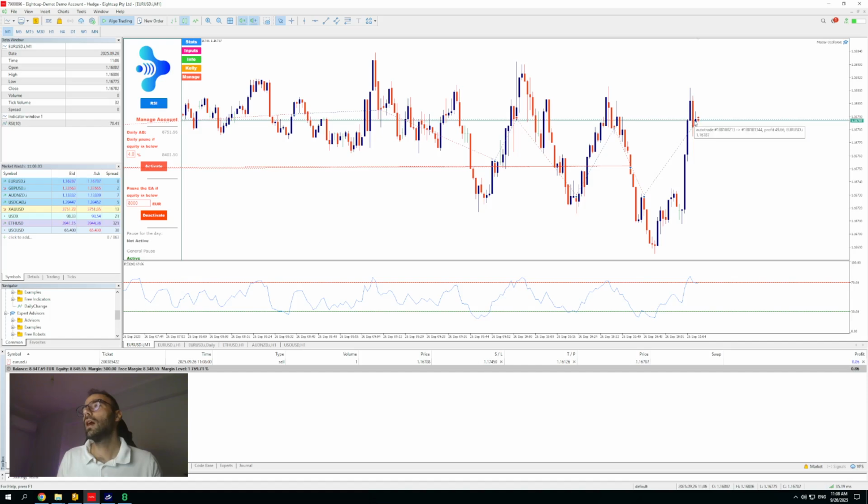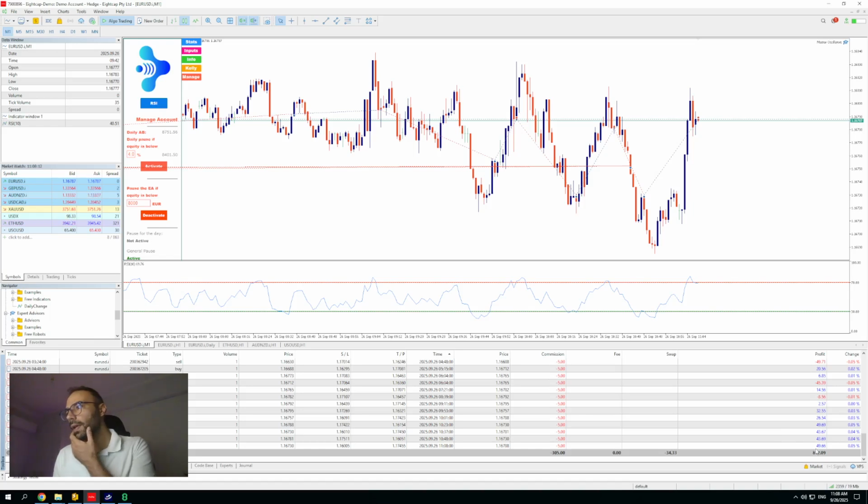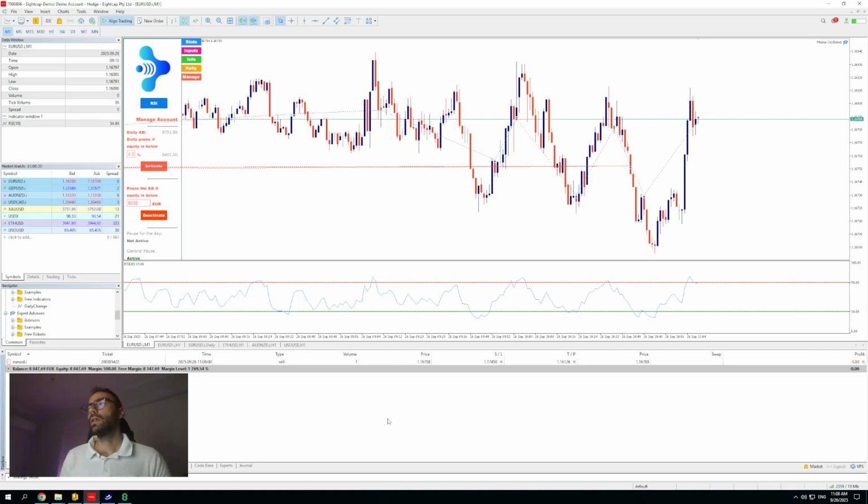Now this position closed, it returned a profit to us. This profit was at 49, almost 50 euros of profit, excluding 5 euros of commission. The spread is very low in this case, and I immediately opened a sell position. We will see how it's gonna go.